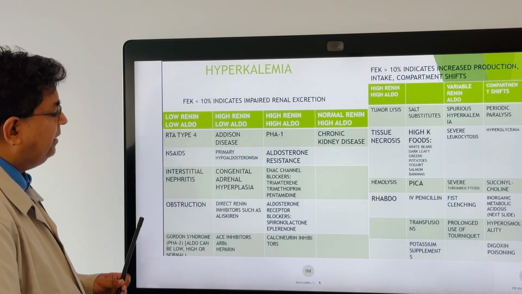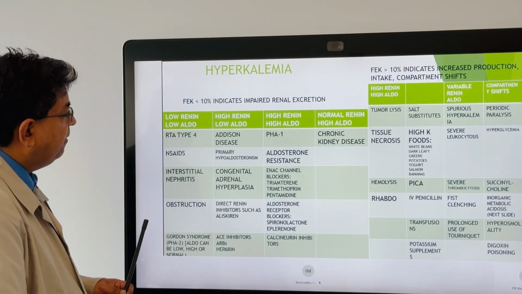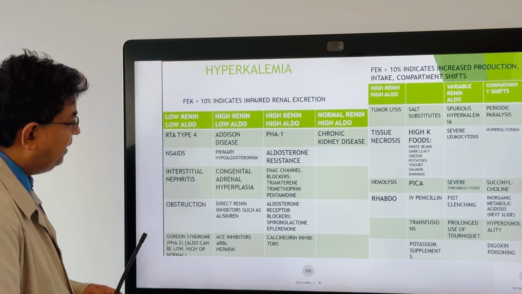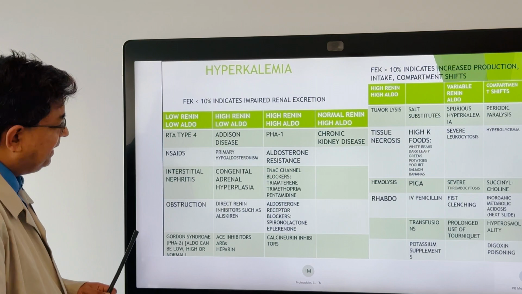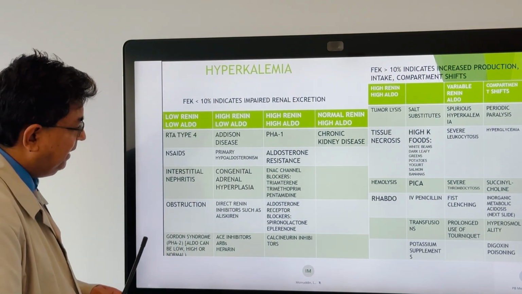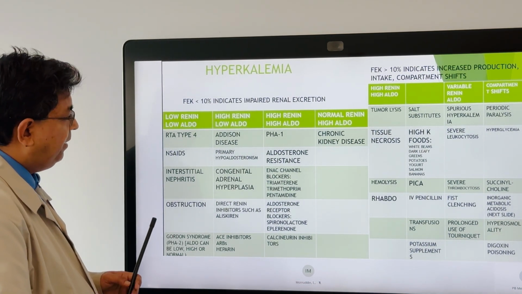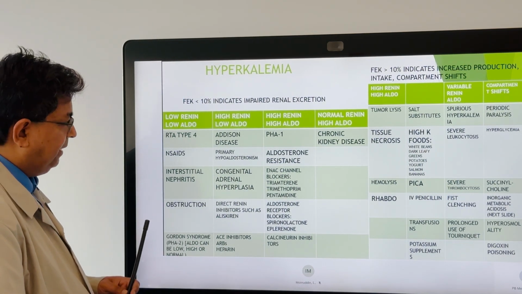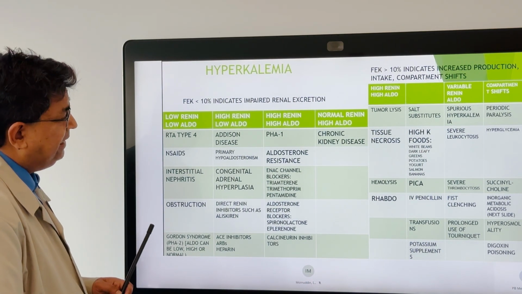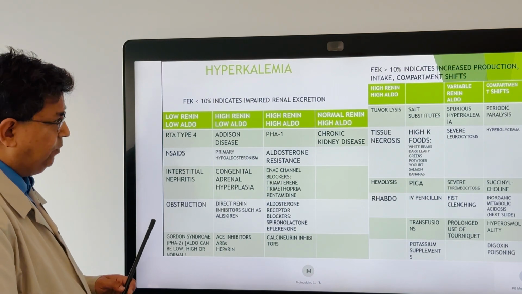A high renin, high aldo scenario would include hypoaldosteronism type 1, aldosterone resistance, ENaC channel blockers such as trimethoprim, triamterene, and pentamidine, aldosterone receptor blockers such as spironolactone and eplerenone, and calcineurin inhibitors. Chronic kidney disease may be typified by a normal renin and high aldo level.